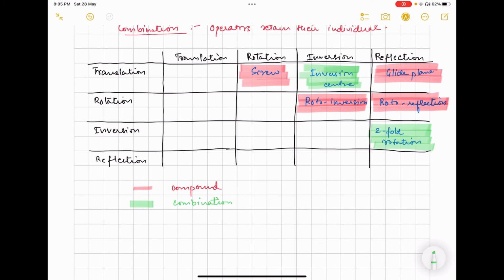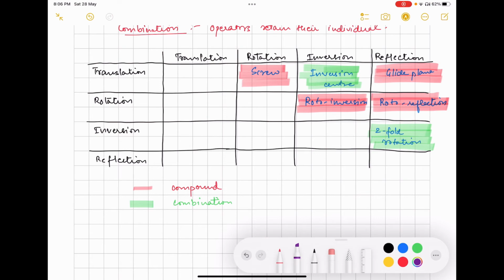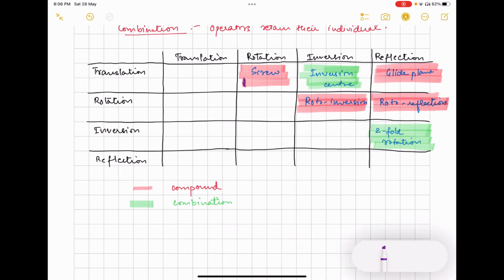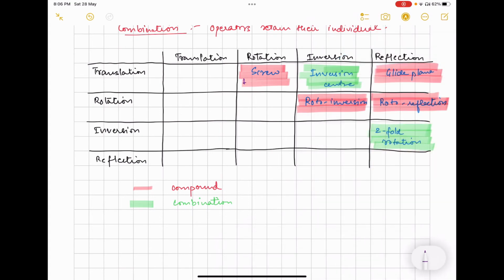So among the four compound operators that we have, two of them involve translation while two do not. So screw involves translation, sorry, this involves translation as well. Glide plane or glide reflection involves translation.